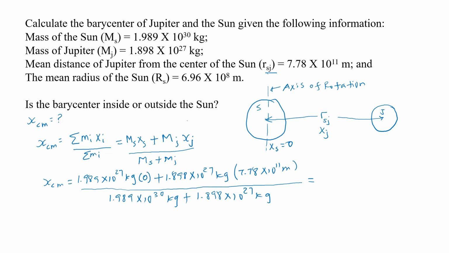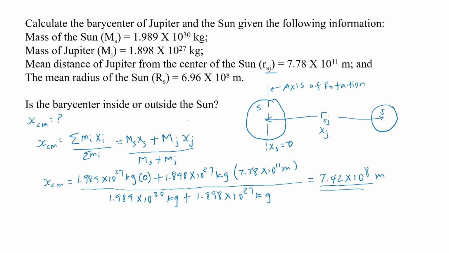That yields 7.42 times 10 to the power of 8 meters. So the center of mass of the Sun and Jupiter is 7.42 times 10 to the 8 meters, meaning both the Sun and Jupiter orbit this center.